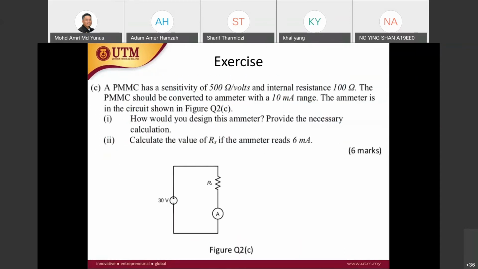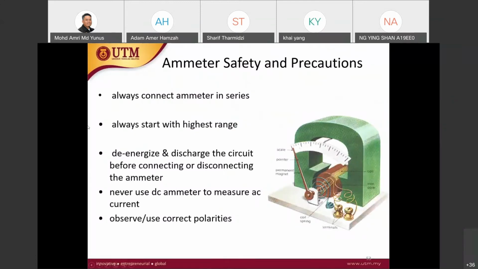Also, this I skip. I just want to continue the precaution regarding using ammeter.